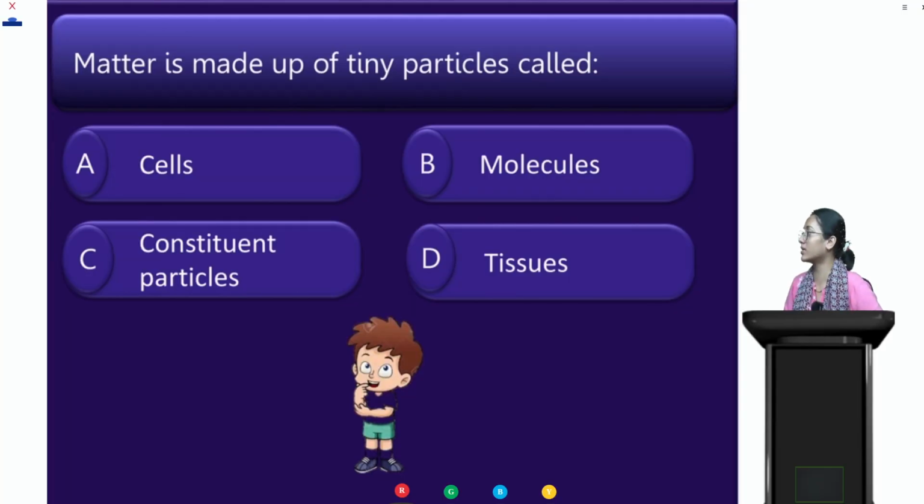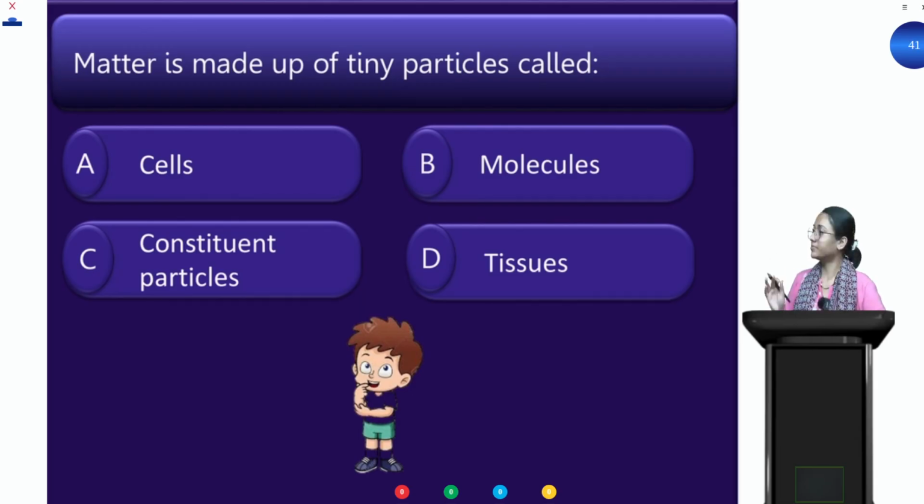So here comes our first question. Let's see what the question is. Matter is made up of tiny particles. What are those called? There are four options. Option A, cells; option B, molecules; option C, constituent particles; or option D, tissues. I am giving you the timer. Try to answer, everyone.